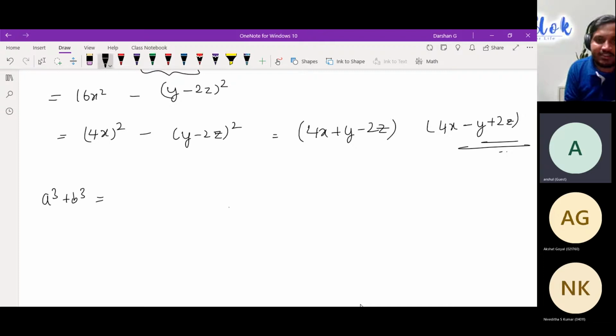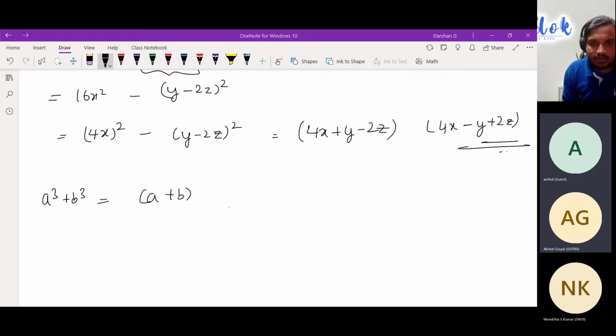Anyone with the answer? a cube plus b cube. Nobody? Sir, a plus b into a square plus b square minus ab.